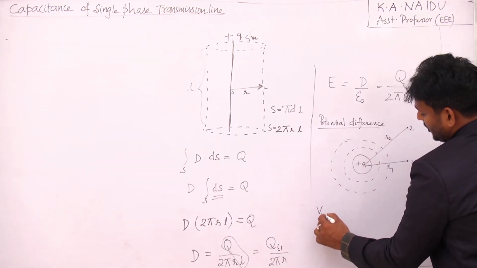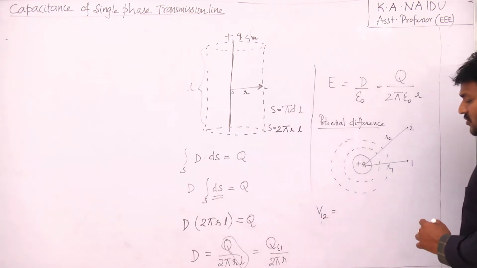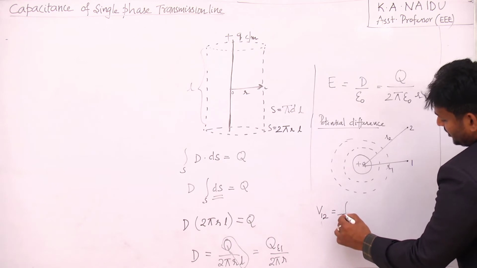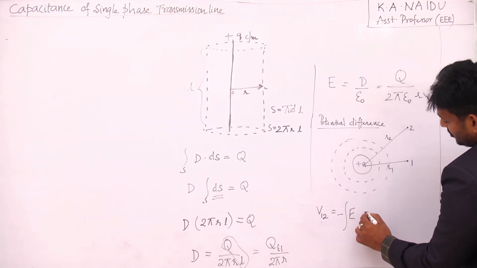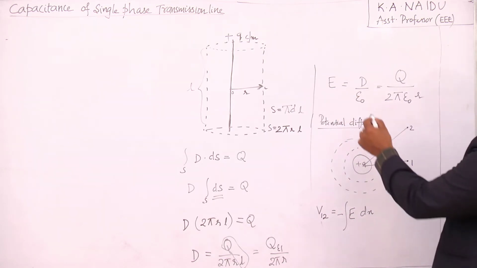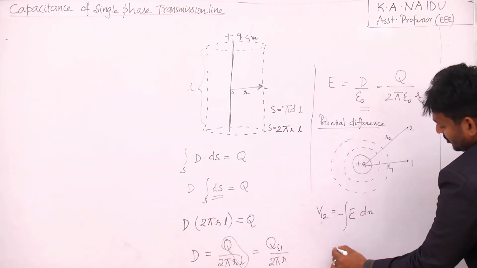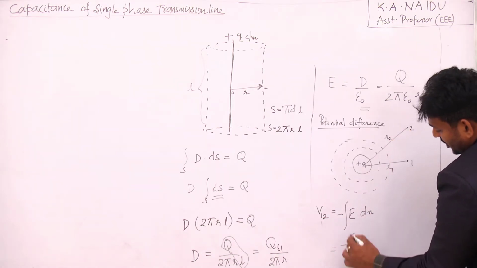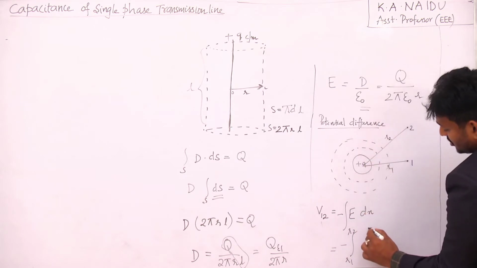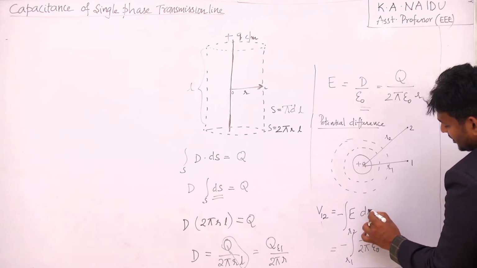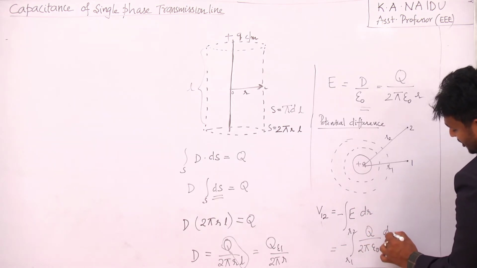So V12, which is taken as V1 minus V2, you can get it by using this formula, integral minus E into dx, where E stands for electric field intensity. So you substitute this equation here and you take the limits from r1 to r2, minus integral r1 to r2 of q by 2 pi epsilon naught r into dr.